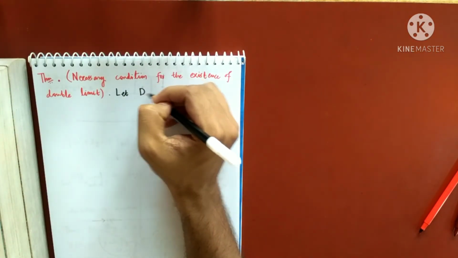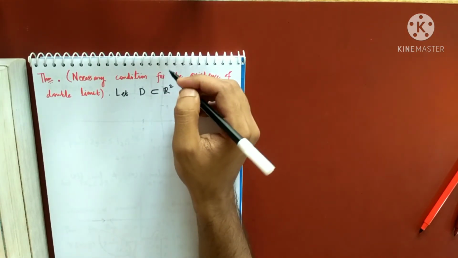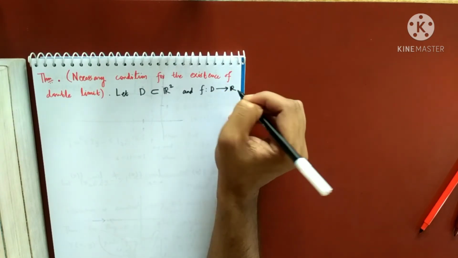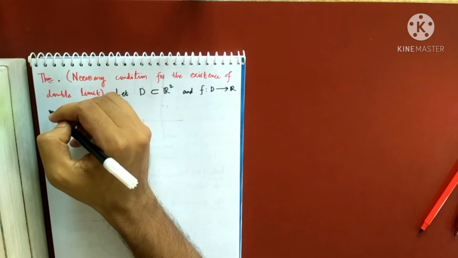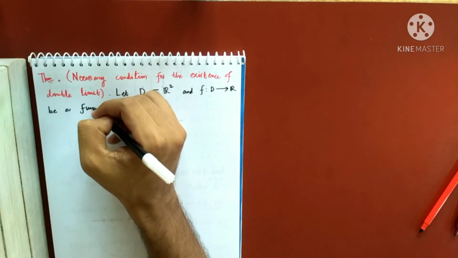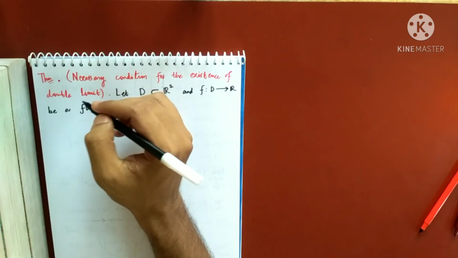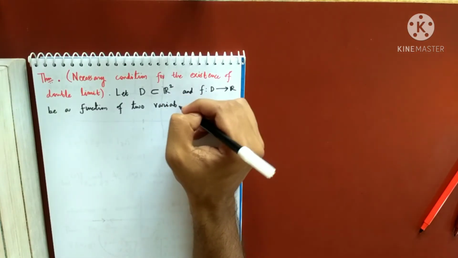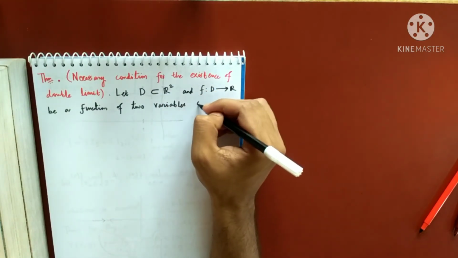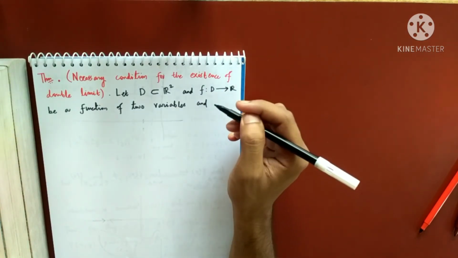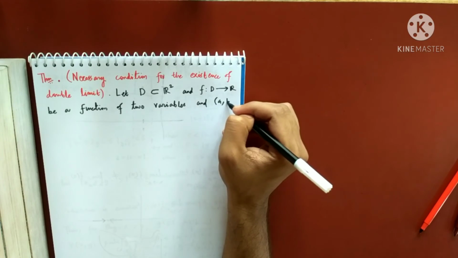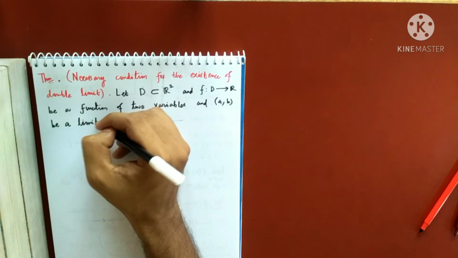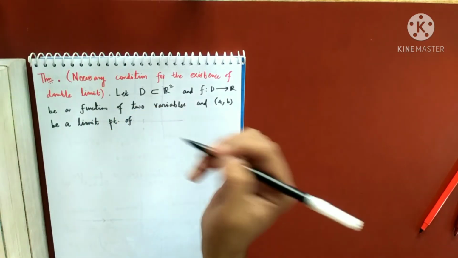Let D be a subset of R2 and f be a function from D to R, a function of two variables, and (a, b) be a limit point of D, so that I can find the limit at this point.